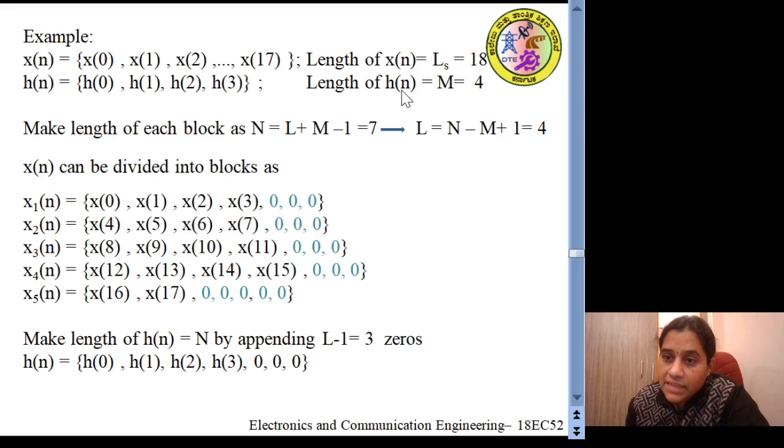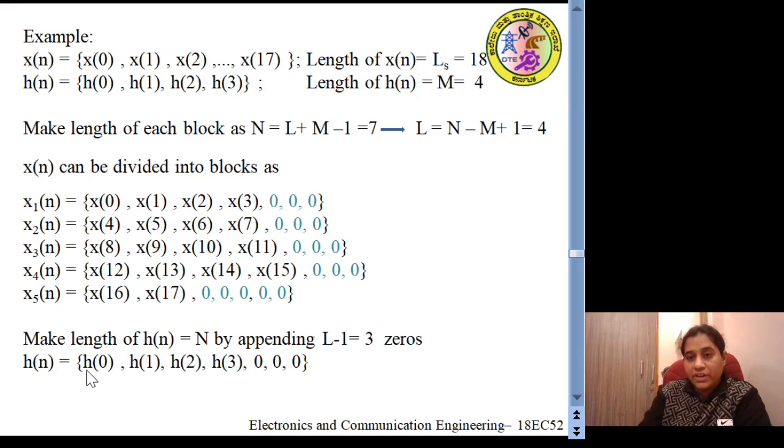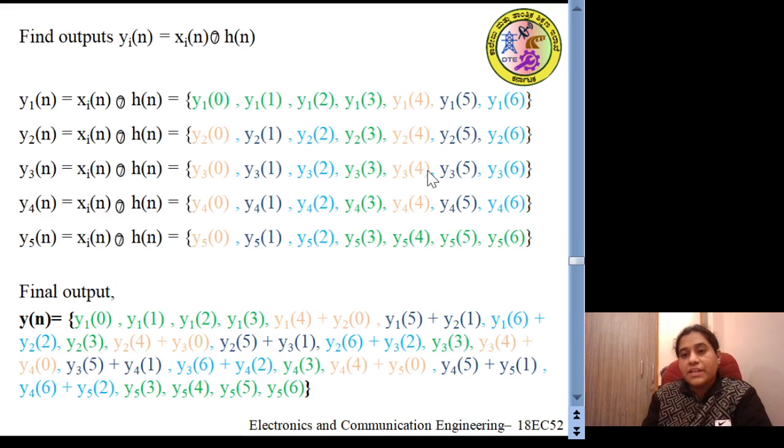So as h of n has the samples h of 0, h of 1, h of 2 and h of 3, we have to make the length of this 7. So how many remaining? 4 minus 1, 3 zeros to be appended to make the length of our h of n equal to 7. So what's the next step?